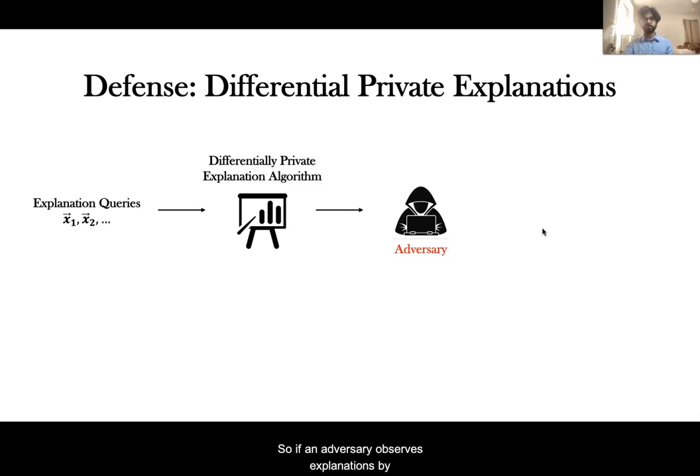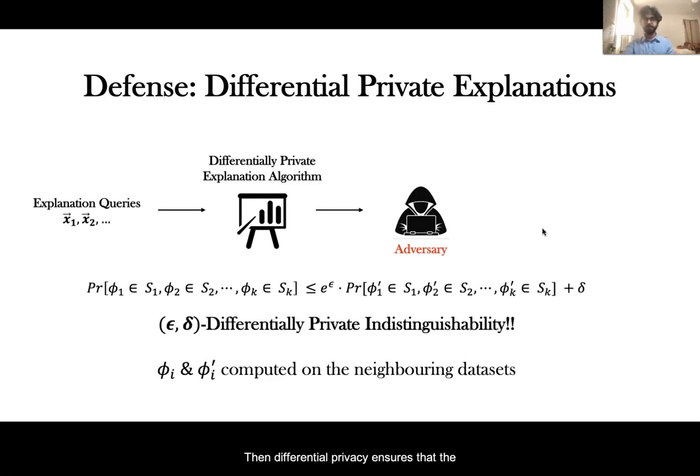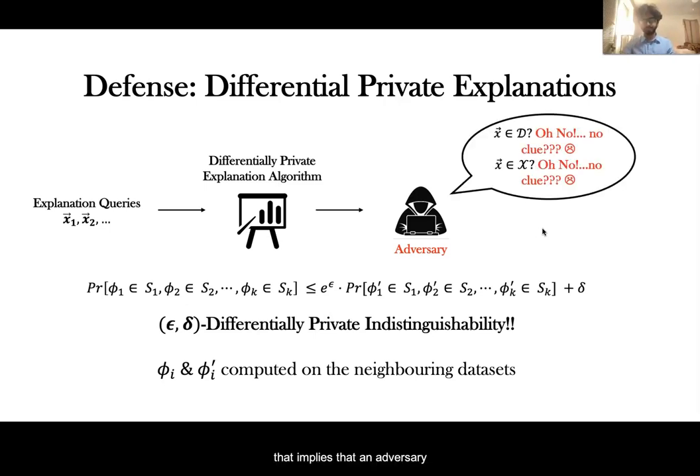If an adversary observes explanations by a differentially private explanation algorithm, then differential privacy ensures that the explanations computed on neighboring datasets, which means datasets that differ in at most one point, are statistically indistinguishable. That implies that an adversary won't be able to figure out whether a particular data point X is part of the training dataset or an explanation dataset, which theoretically provides guarantees that such attacks cannot succeed.